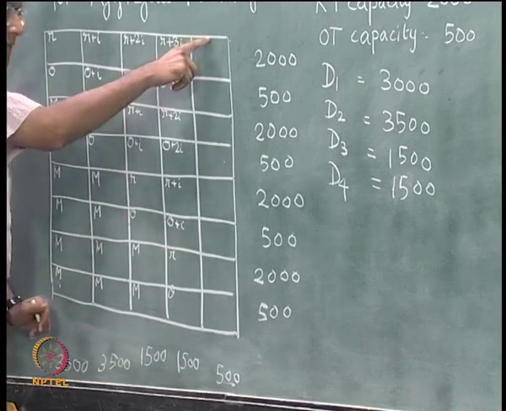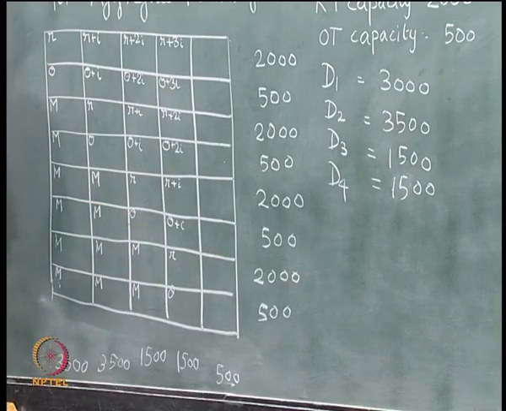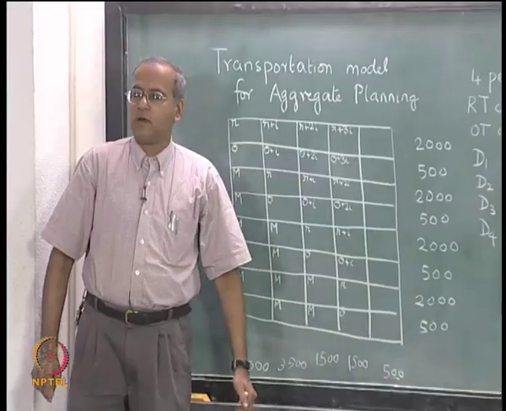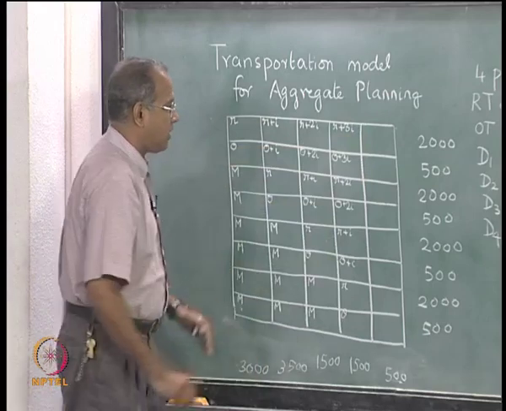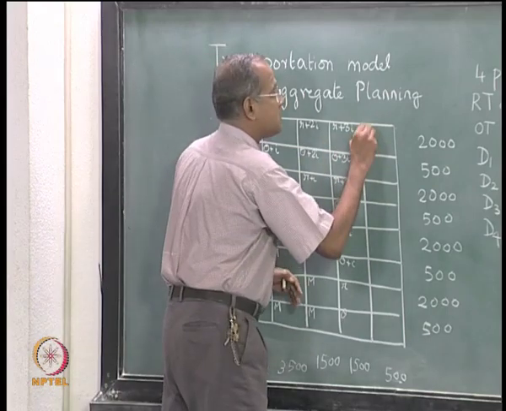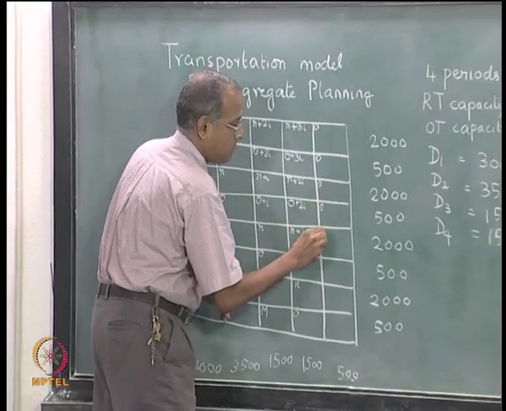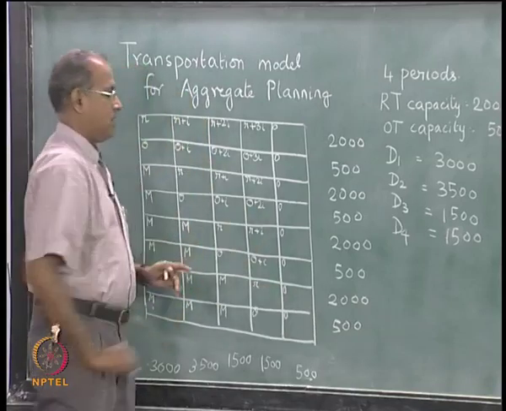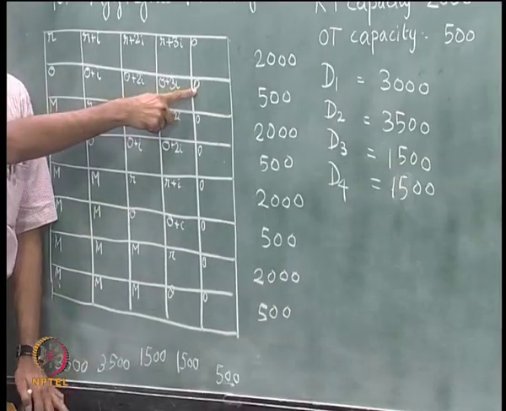Now, I need to fill the cost associated with this. In any transportation problem, it is customary to fill the dummy row with costs equal to 0. So we put cost equal to 0 for all of these. And please note that this is O while this is 0 and they are different.